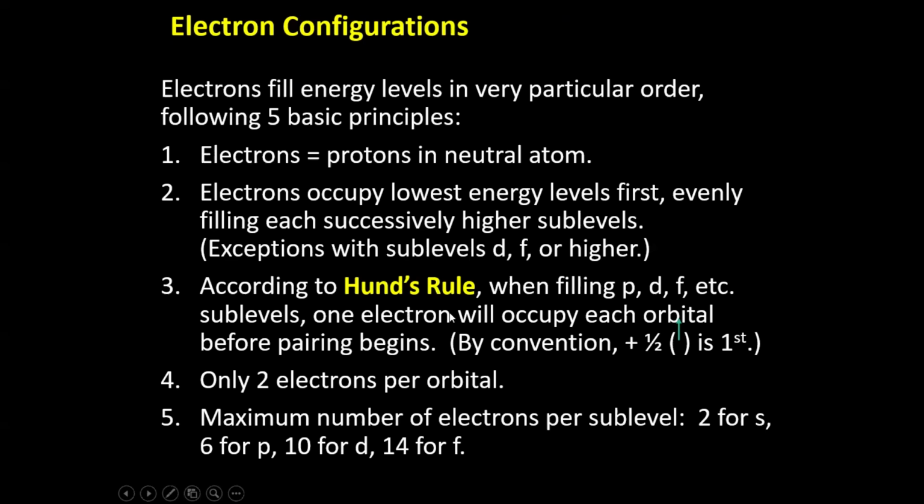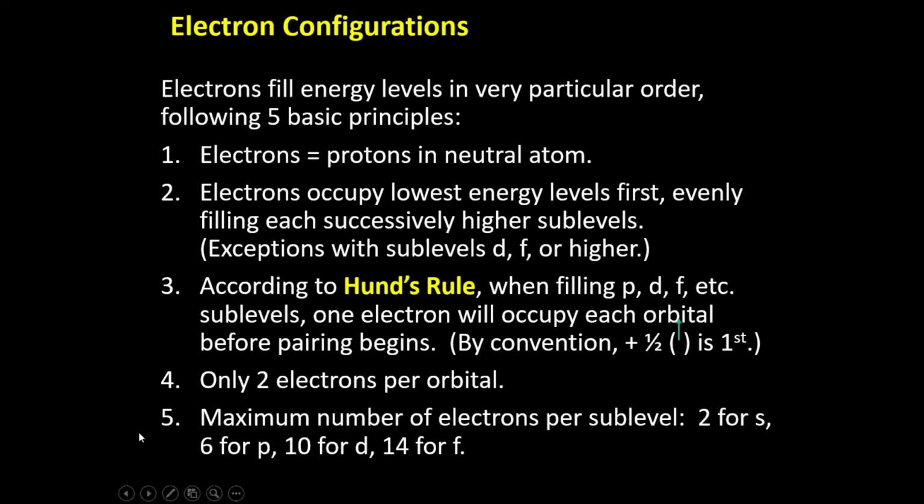According to Hund's rule, when we start filling up a P, a D, an F, or any kind of sublevel that's larger than one orbital, if it holds more than 2 electrons, so if it holds 6, 10, 14, or whatever, we put 1 electron in each orbital before we start putting 2 electrons in any of the orbitals.